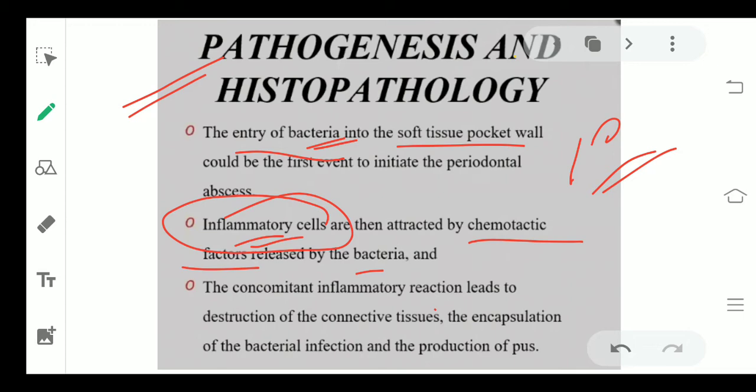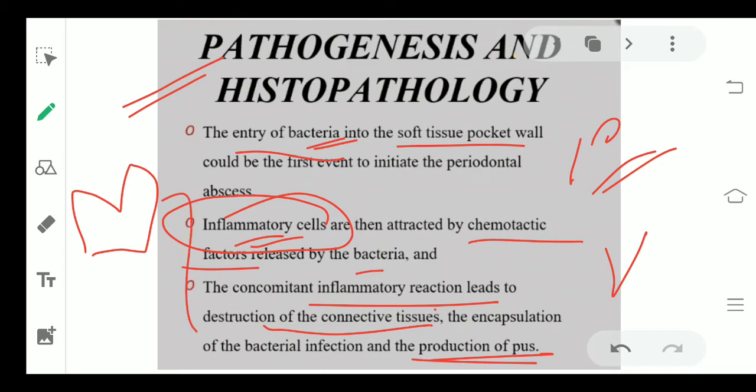As soon as the inflammatory cells have reached the site, they will start their function, that is inflammation, and they will start destroying the connective tissue, and it will produce pus also. So are you getting it? This was very simple. This is your crown and this is your pocket region.